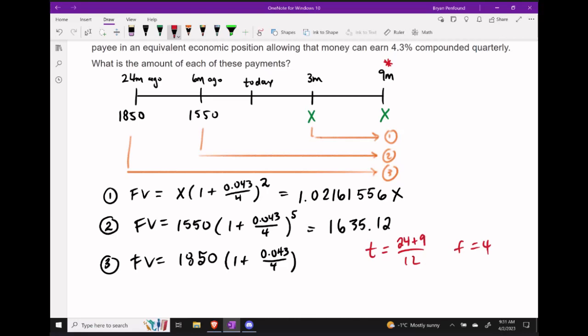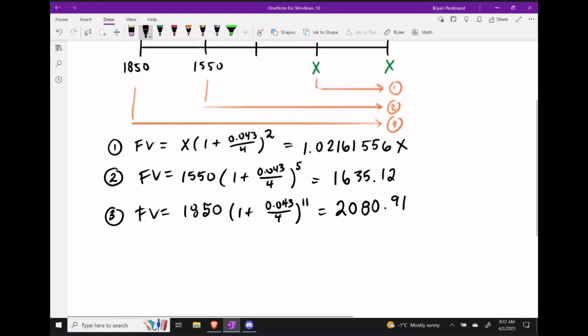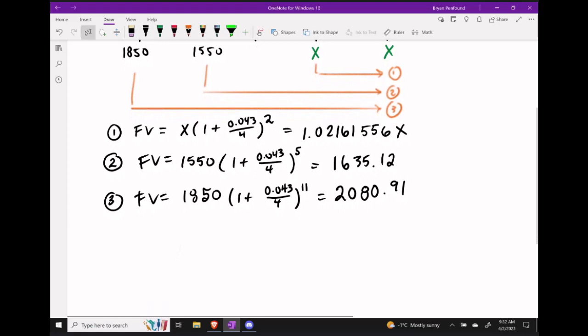So we've actually gone through 33 months altogether. And when we multiply t and f together, we should see that n is equal to 11, or that we've gone through 11 compounding periods. And simplifying this expression, we get $2,080.91.